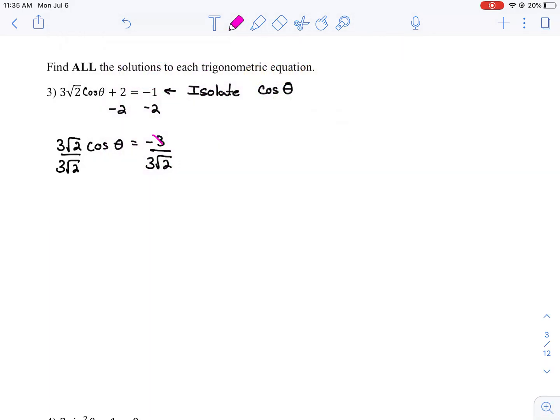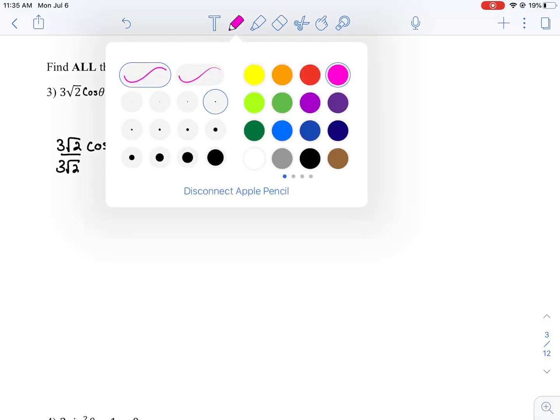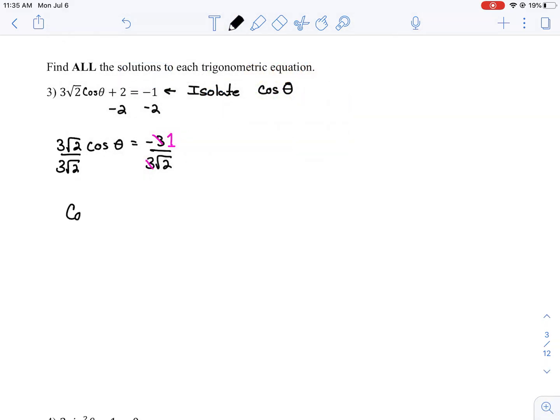So negative 3 divided by 3 is negative 1. So cosine of theta is equal to negative 1 divided by the square root of 2, which is equal to negative square root of 2 divided by 2.